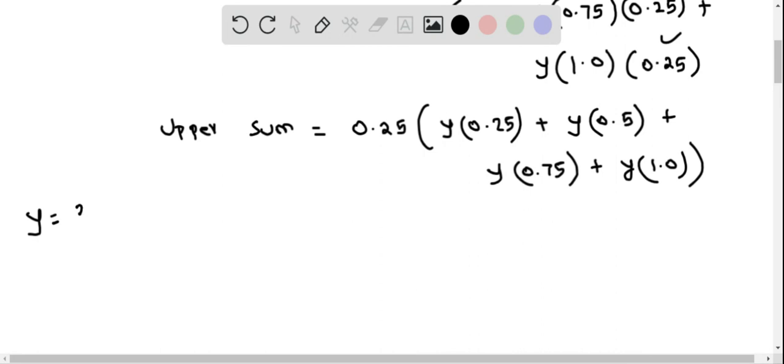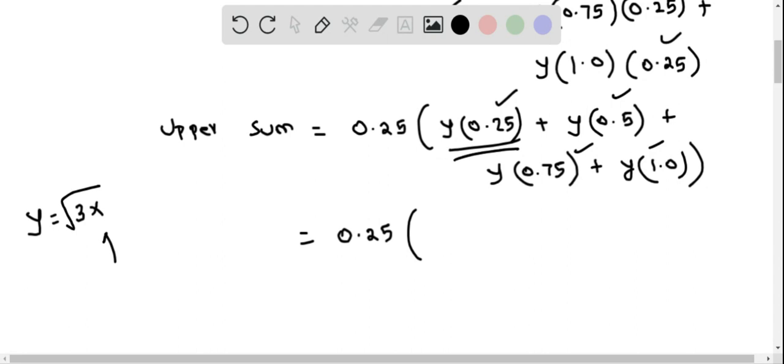We have y equals square root of 3x. So to determine the corresponding heights of each of these rectangles, we plug in the corresponding x value. So we write 0.25, the common factor, which is the common width, times y of 0.25, replacing x by 0.25.